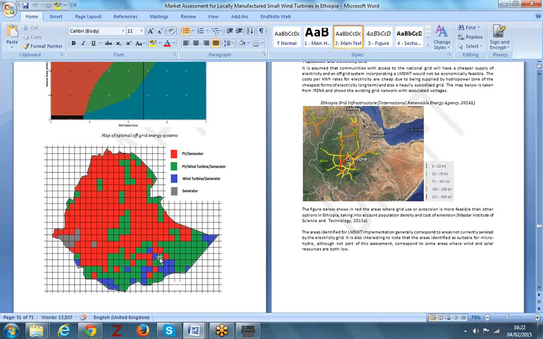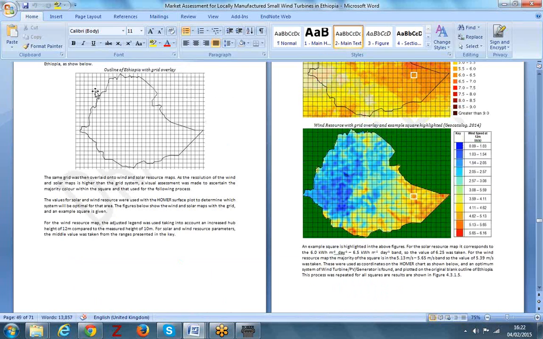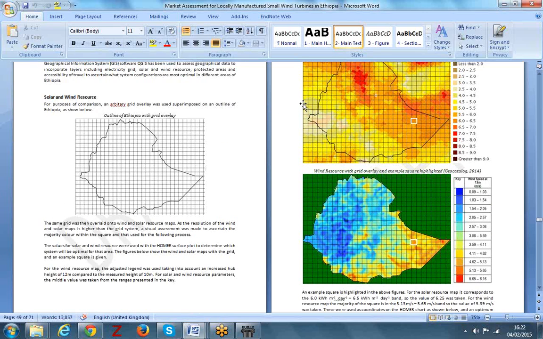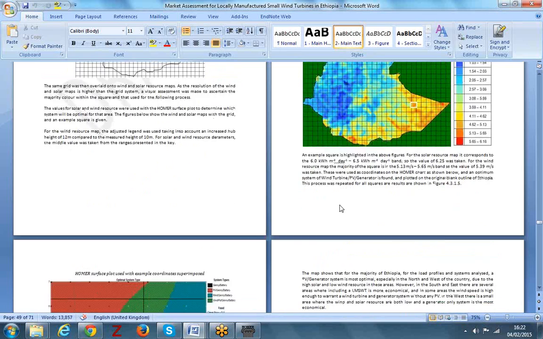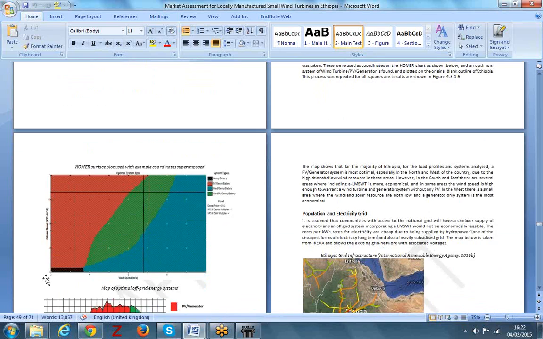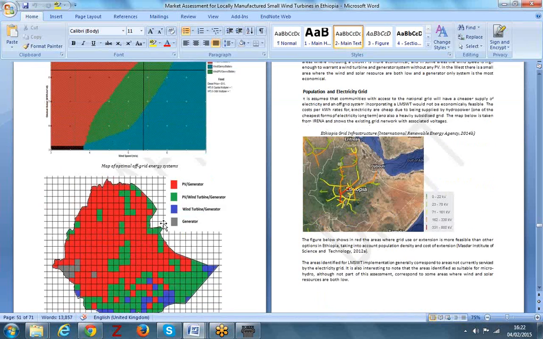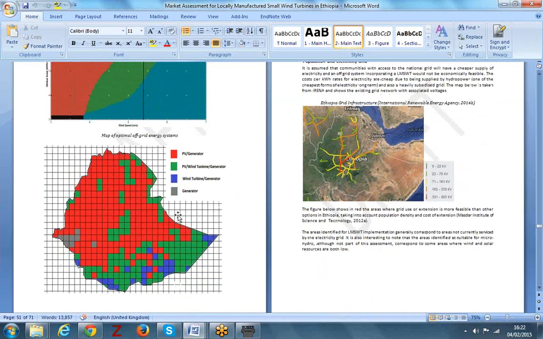Yeah, you get the outline of the country, put that into Microsoft Paint or whatever, draw a grid on it, and then for each one, you look at that square, you see what the average solar is, you see what the average wind is, you look up the average solar, you look up the average wind, and you see what system it is, and then you colour it in, and you repeat that. And I chose quite big squares because I was lazy, but you could do it.